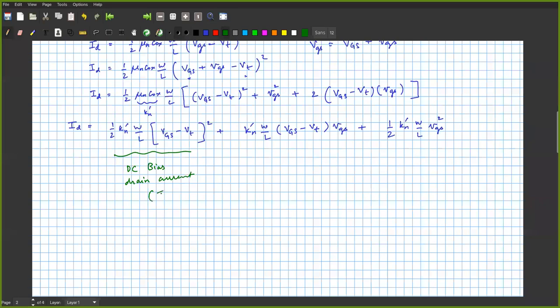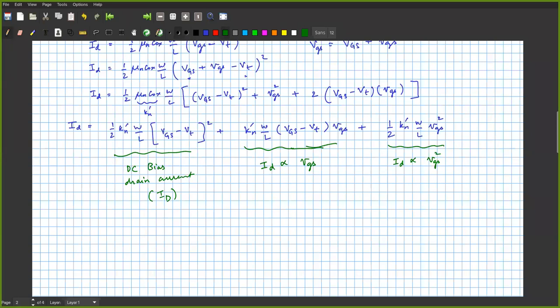This is nothing but capital ID. Second term, you see here ID is actually proportional to vgs. The third term, you see ID is actually proportional to vgs square.